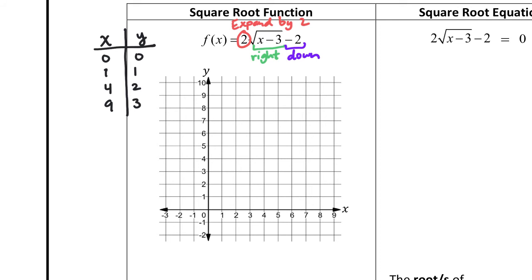And so what the expansion does is it multiplies all the y values times 2. So that would give me 0. 1 times 2 is 2. 2 times 2 is 4. And 3 times 2 is 6.